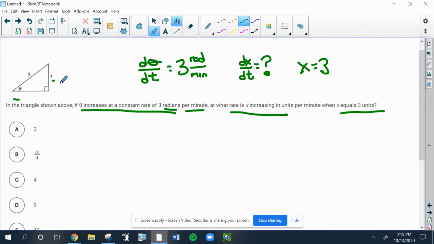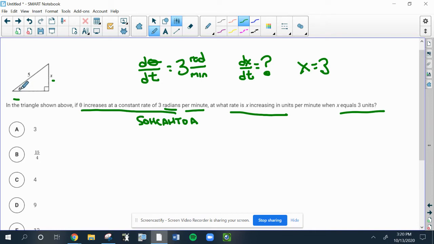And for a right triangle, think about the other things you know about relationships in a right triangle. Hopefully you did think about it and have the answer in mind. I'm going to write it right here. That's what relates the angles of a right triangle with its sides. So, since we have this angle, we are looking for how its opposite side is changing, and we know its hypotenuse is going to be 5.